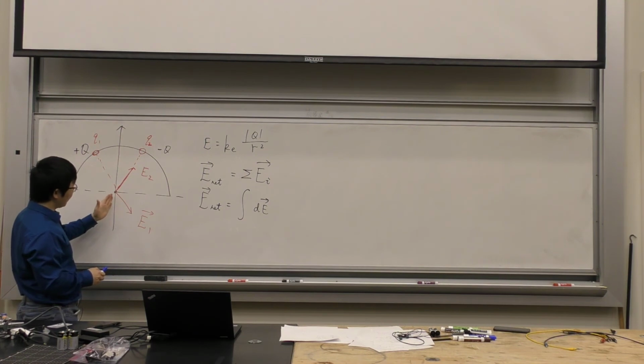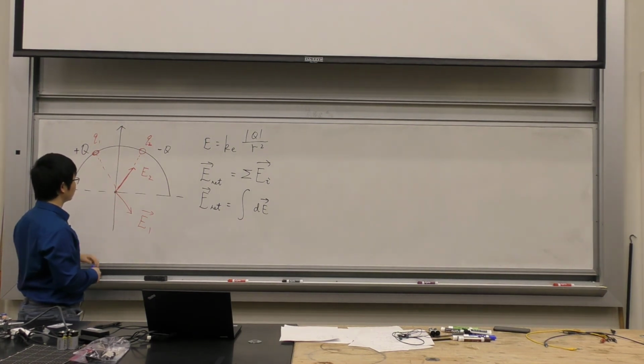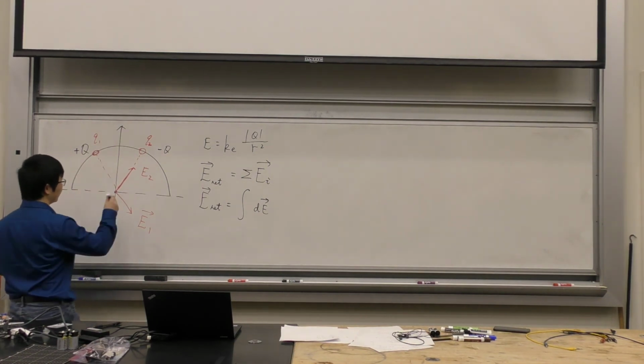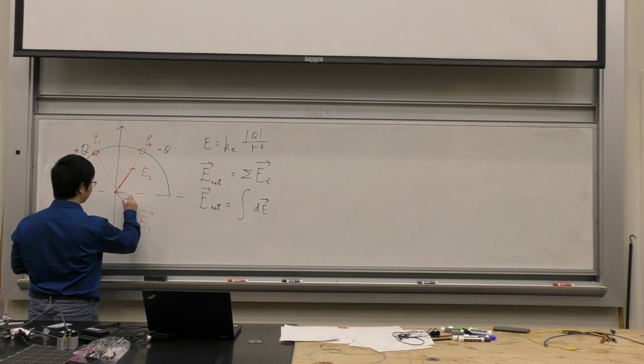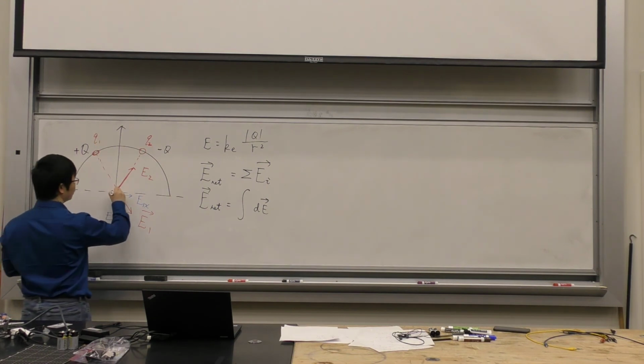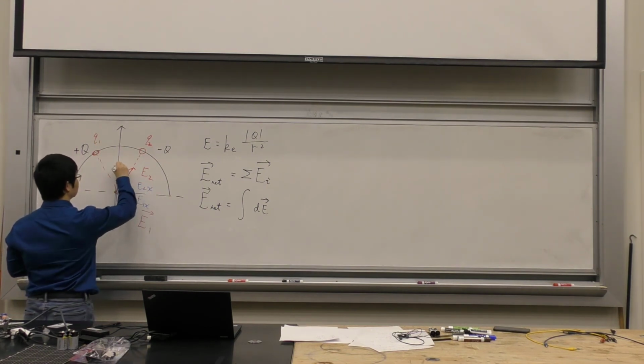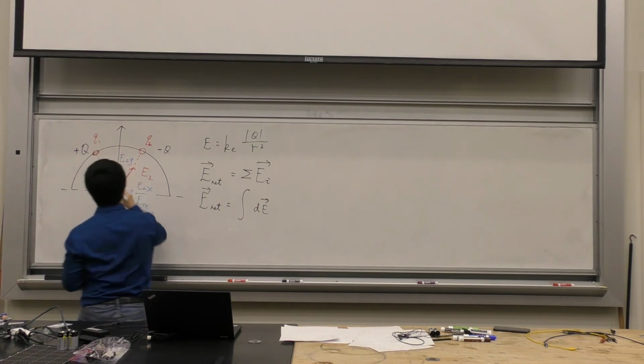And then if I break these two electric fields into x and y, the y components are going to cancel. Because if you break E1 into x and y, you get E1x, E1y. You break E2 into x and y, you get E2x, E2y.